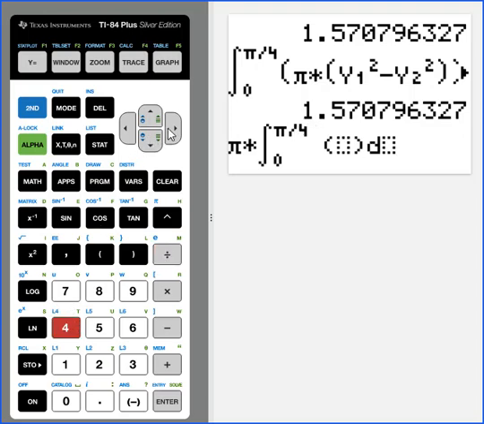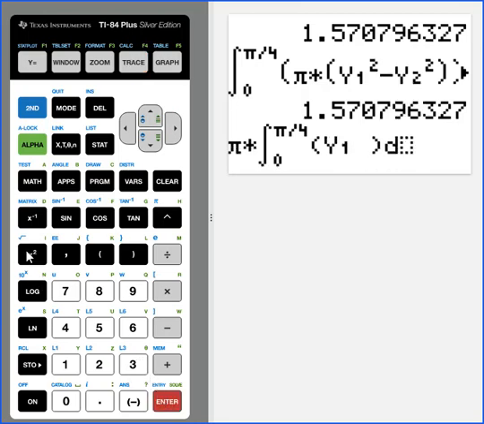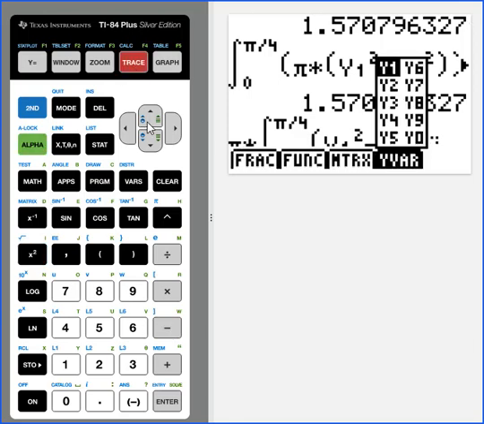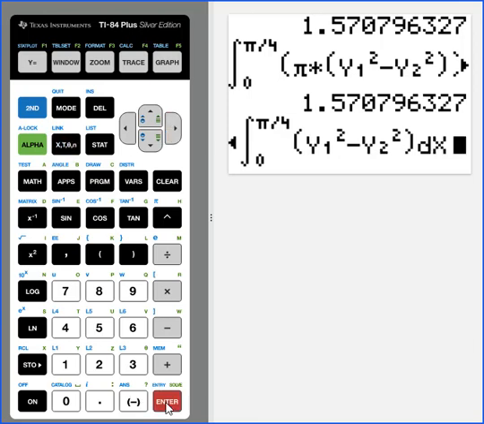That's 45 degrees. We do alpha trace y1 squared minus alpha trace y2 squared. Then do dx. Enter.